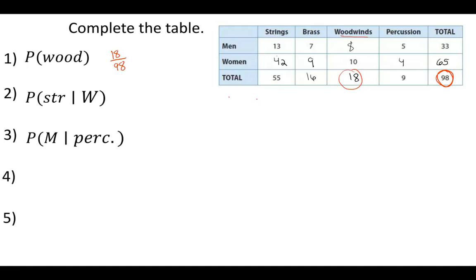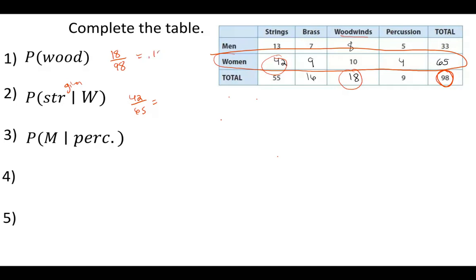The next one is the probability of a stringed instrument given that it's a woman. So we only want to look at the women. So this one here, I'm going to circle that row. It's the probability that it's a stringed instrument. And again, ignore every number except those inside of that row. So stringed instruments in women would be 42 over the total number of women, which is 65. Good, just make these decimals real quick.